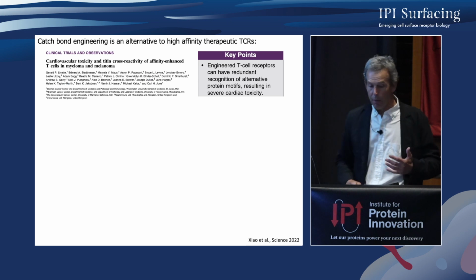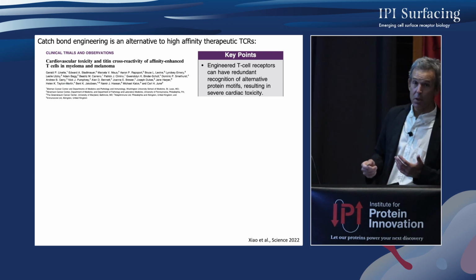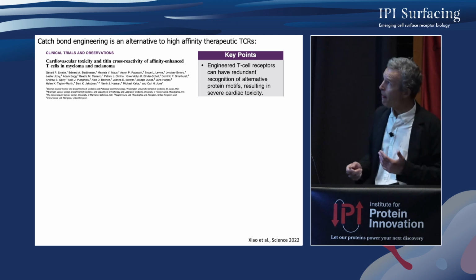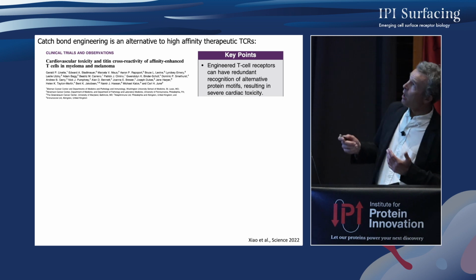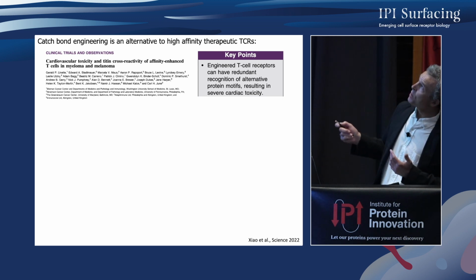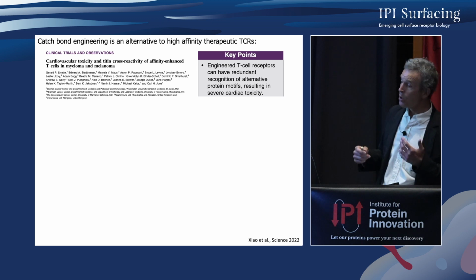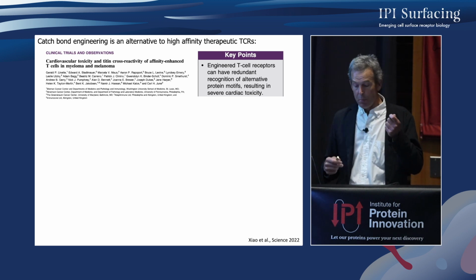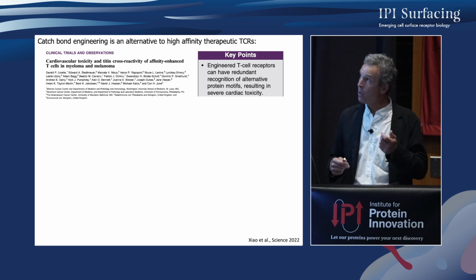So the real actionable value of this is in therapeutic TCRs and T-cell engineering and adoptive cell therapy. And the example we came to was this. TCR-T therapy largely depends on affinity maturation of T-cell receptors because of thymic education.